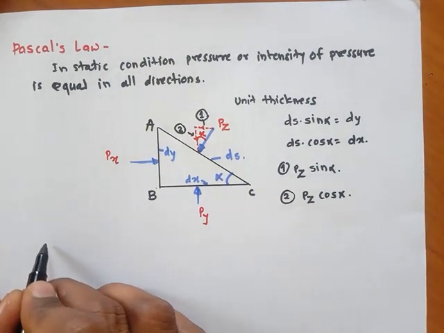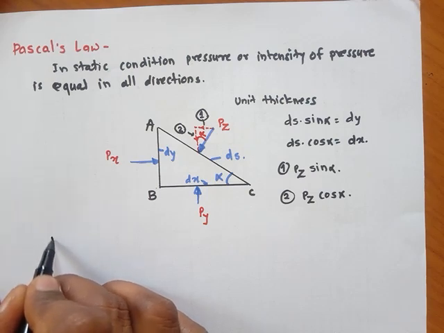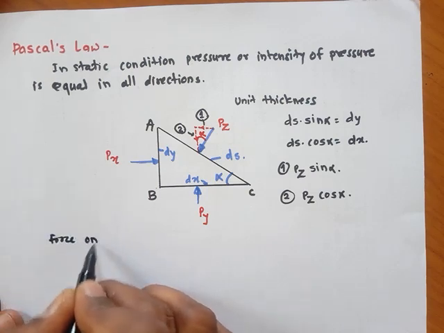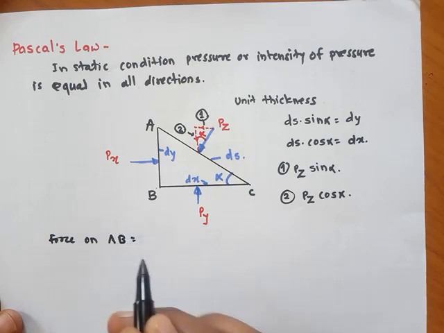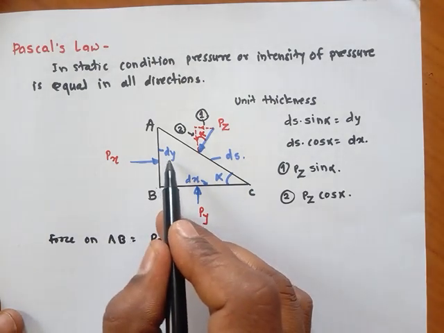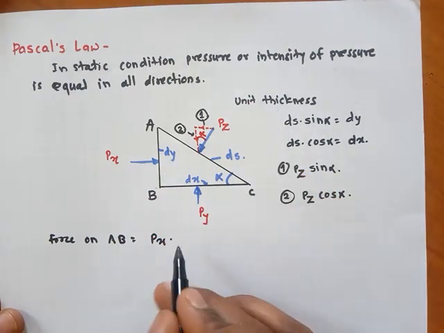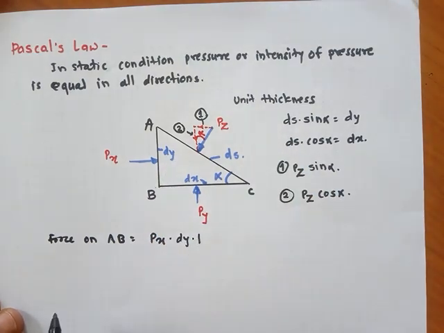Now we'll see the pressure forces. Force on AB is equal to Px multiplied with area. The area is dy multiplied with unit thickness, so dy into 1.